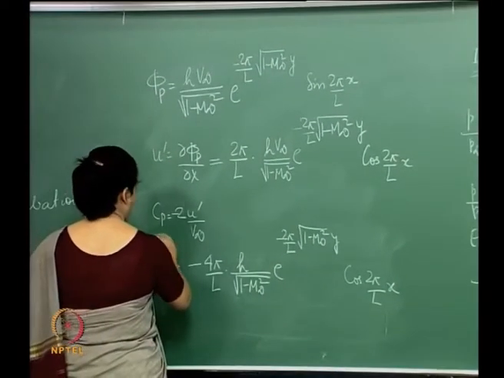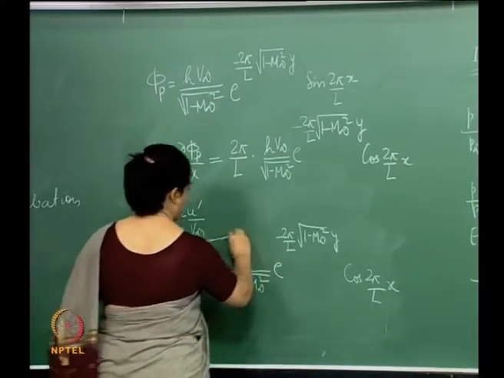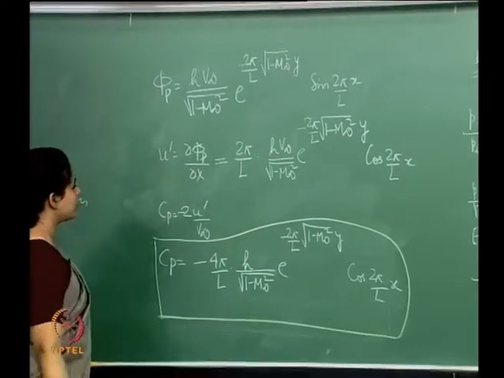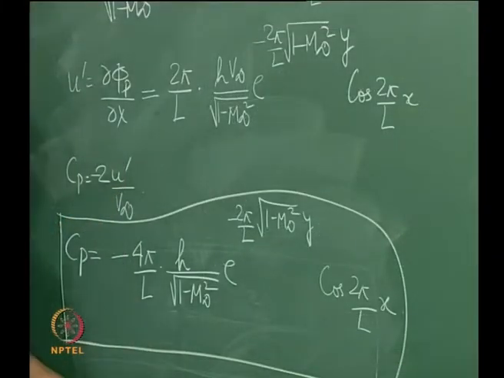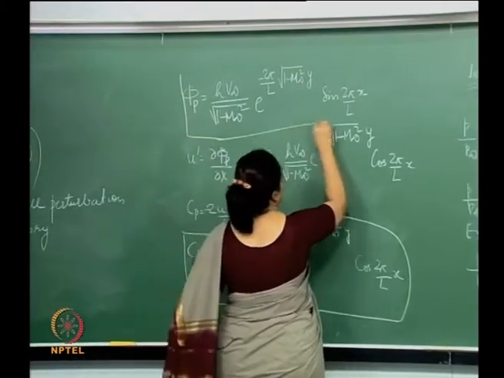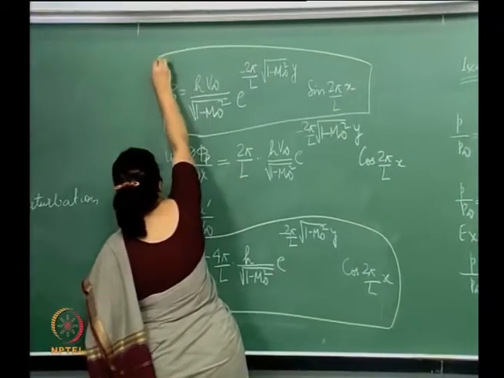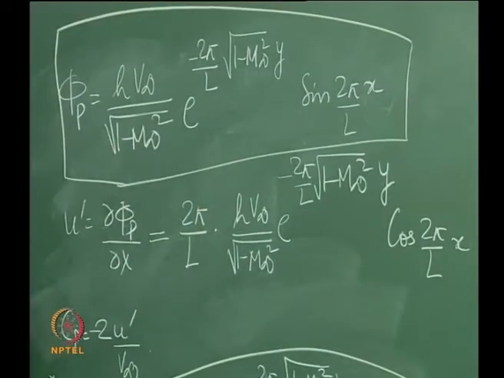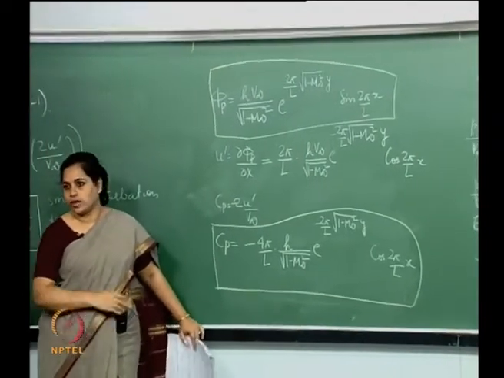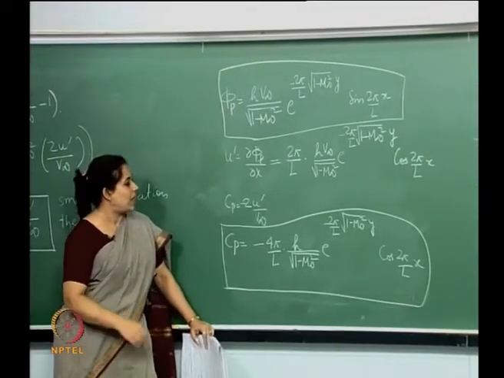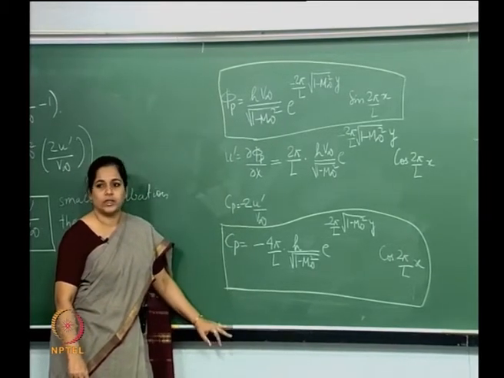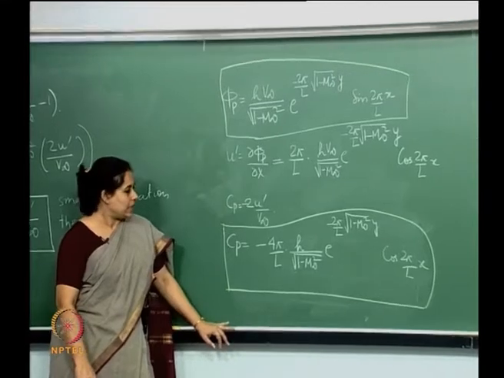So now I have an expression for Cp as well. So we have an expression for the velocity potential. This is the perturbation velocity potential, and add to that v infinity x and you get the surface velocity potential, and we also have an expression for the coefficient of pressure, right.